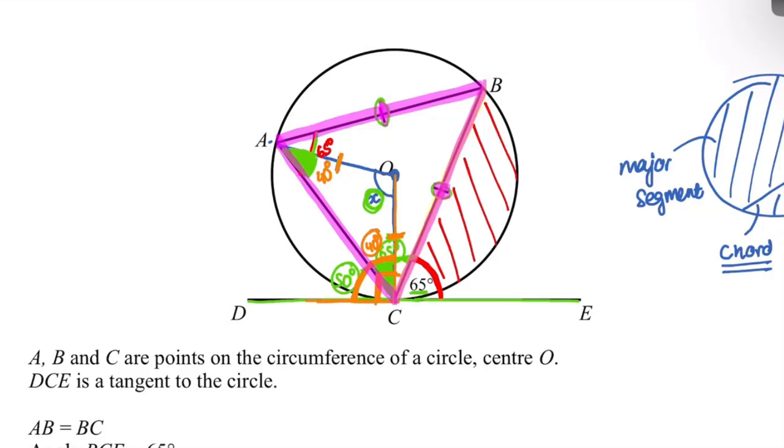Both of them are going to be 40 degrees. So now you can work out what x is going to be. You're going to do 40 plus 40, that's going to get you 80, and then you're going to do 180 subtract 80, that's going to get you 100. So that means that x is equal to 100 degrees, because you have opposite angles in an isosceles triangle.